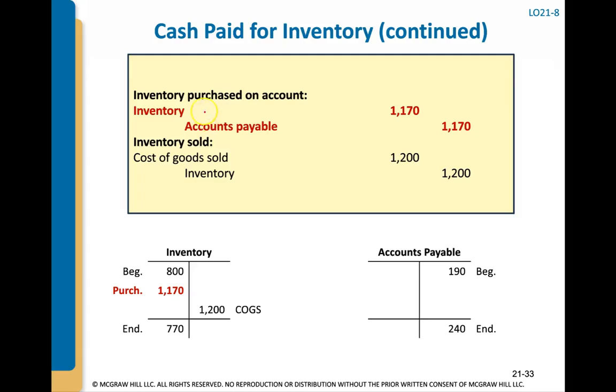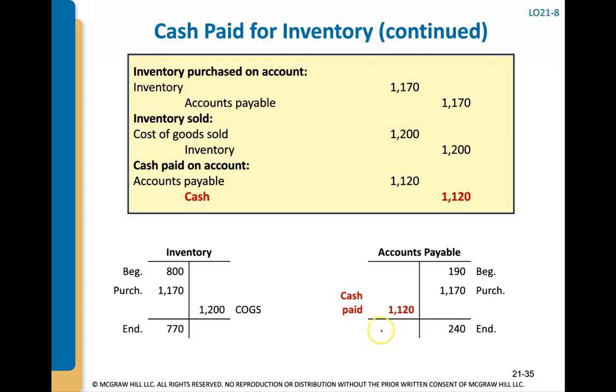When we made the purchase from our suppliers, we debited inventory for $1,170, but we did not pay cash. We're going to assume we did not pay cash. And we credit our accounts payable $1,170, which takes us to our T account, which had $190 beginning. Then we increased it by our purchase, our credit for $1,170, which does not equal $240, which means we must have had a debit to the accounts payable for the cash payments.